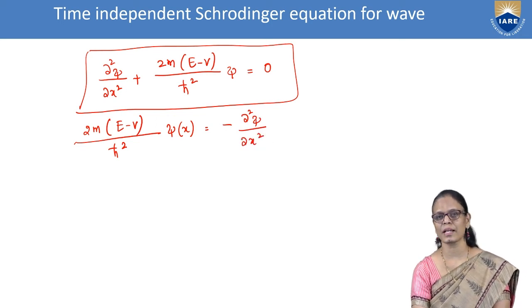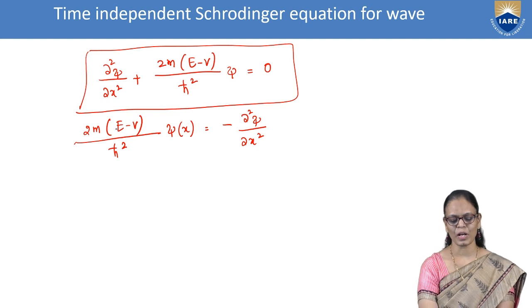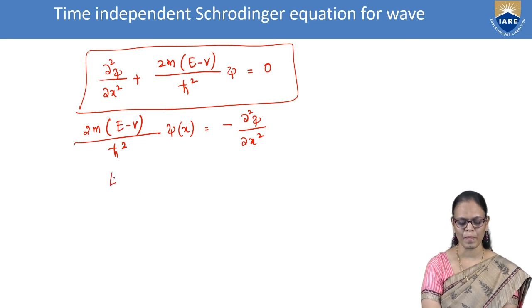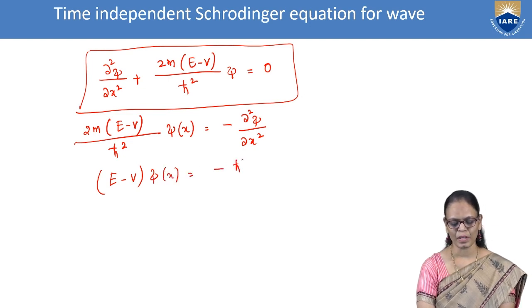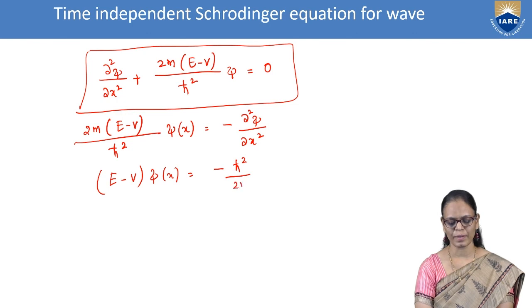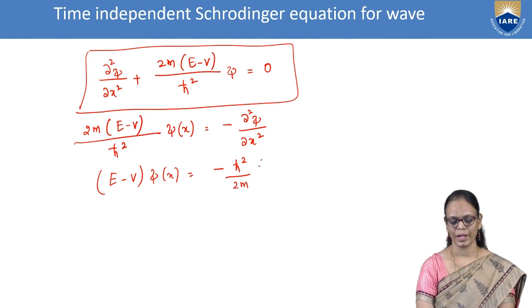I've brought it this side, so I have a minus. Now I want E. So I will take 2m and h cross square also onto the other side. So E minus V psi of x will be equal to minus h cross square by 2m into dou square psi upon dou x square.